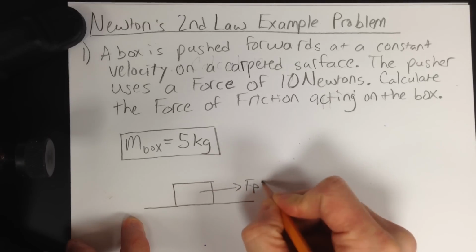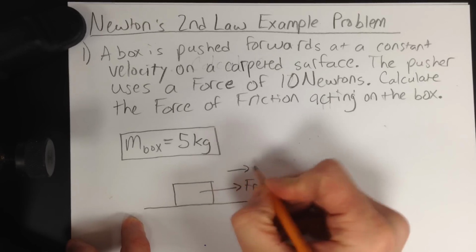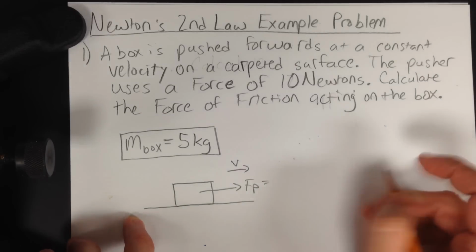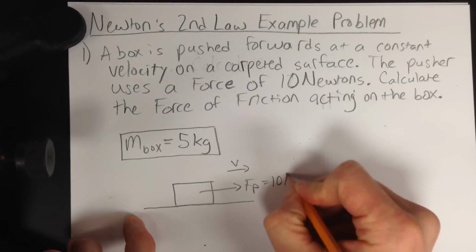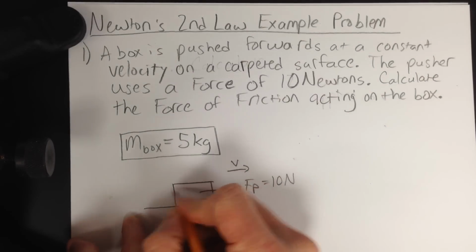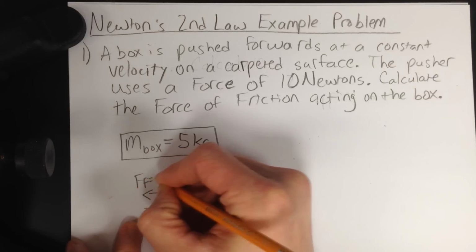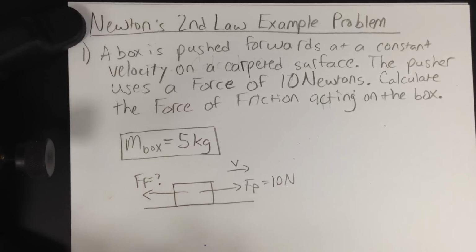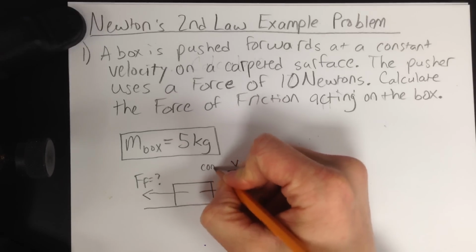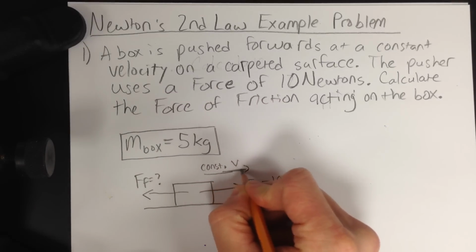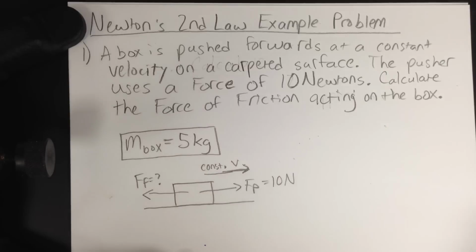Our force of push, which is in the direction the box is moving. So I'm going to write V to the right. That's the way the box is moving. The push is 10 newtons. And they want us to calculate the force of friction on the box. It's pushed at a constant velocity, so I'm going to write constant. Whenever the velocity is constant, I'm going to indicate that next to the force diagram as well.